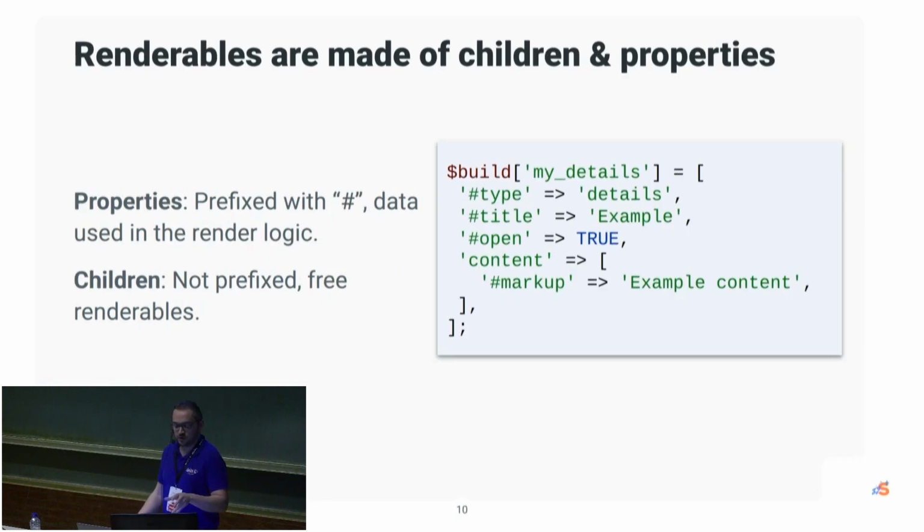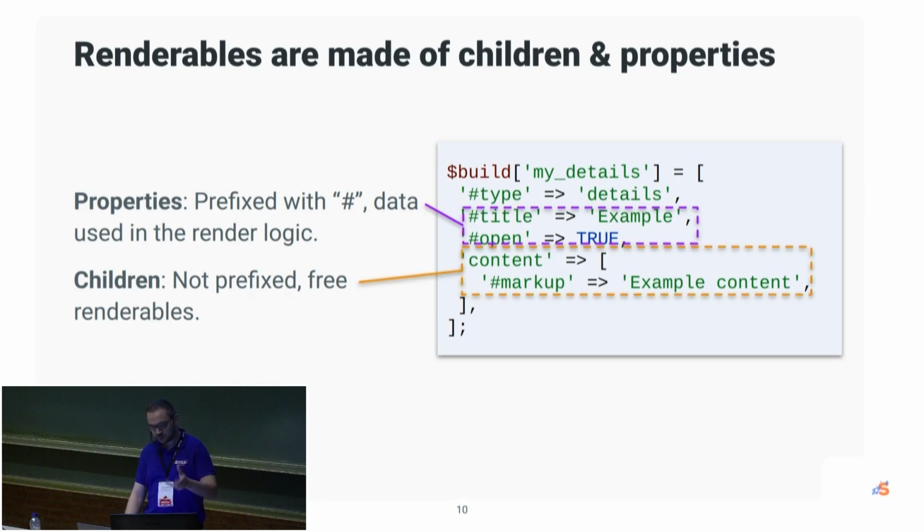On the other side, renderable elements are made of children and properties. First, the properties are prefixed with a hash, and they can control some rendering logic. For example, here, details, whether it is open or not by default.